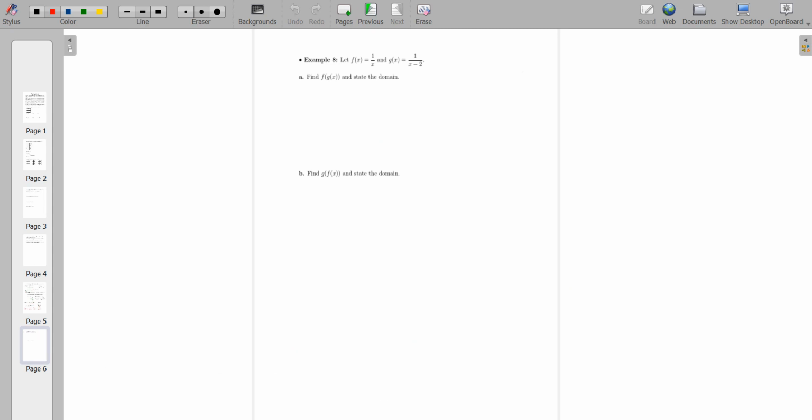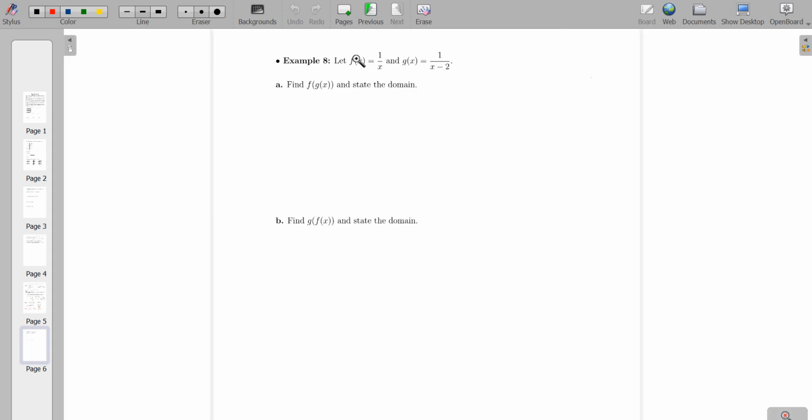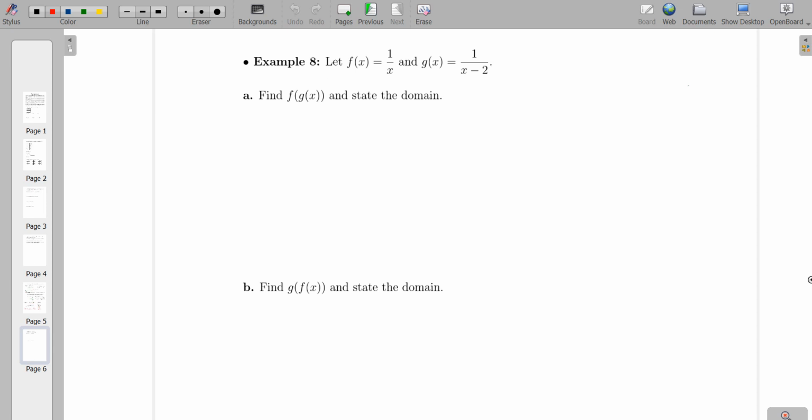All right, so let's do another example here. So we have f of x and g of x. We want to find f of g of x, and we want to state the domain. Just like the last problem, let's start by just noting the domain of f and the domain of g.